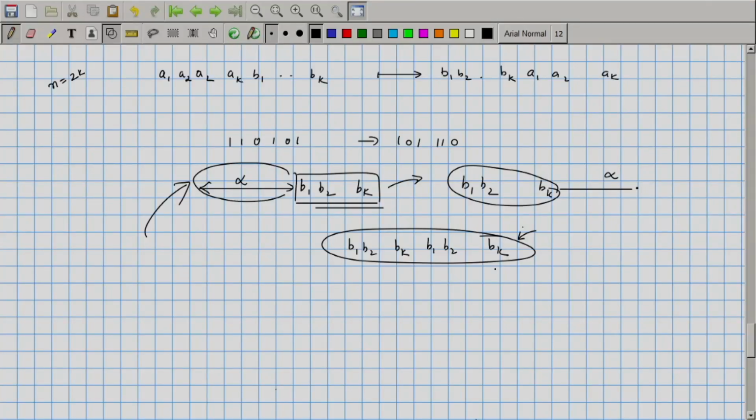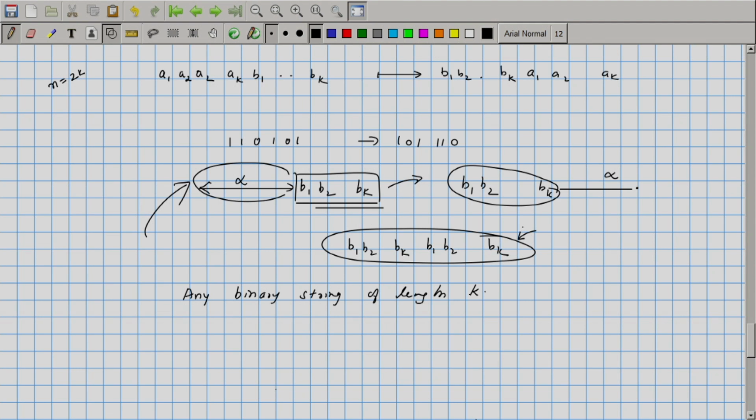Therefore, there has to be some congestion at that particular node. How many such nodes are there? Well, alpha could be any binary string of length k.